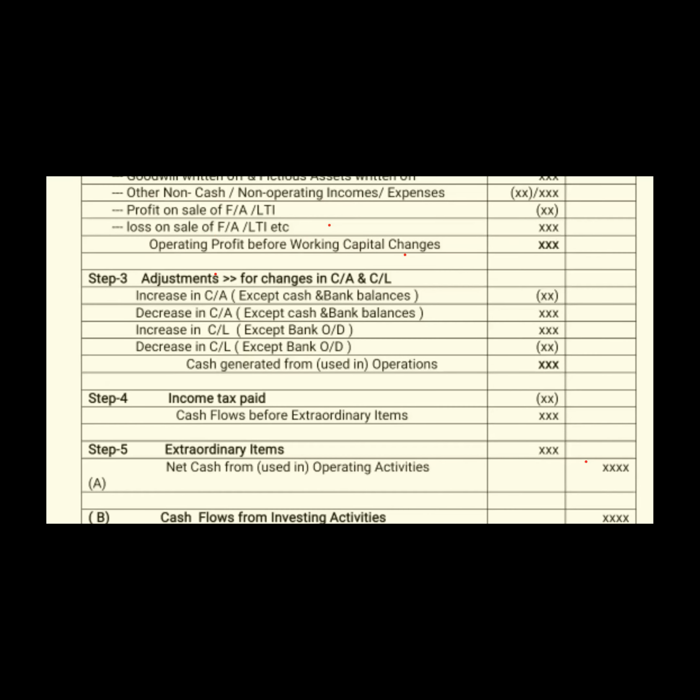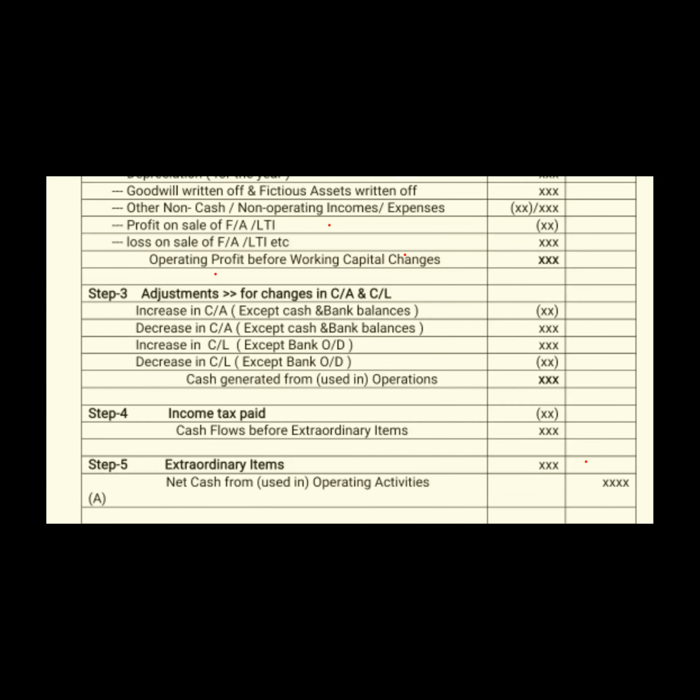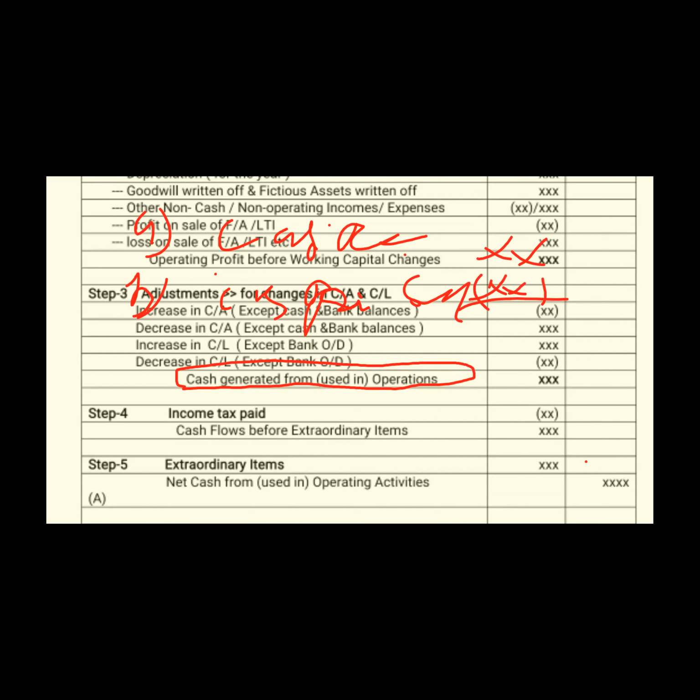So after doing all this, you will get cash generated from operating activities. This is the common point. In the direct method, you do only two working notes: cash received from customers and cash payment to suppliers and expenses. Subtract the second from the first and you get cash generated from operations.